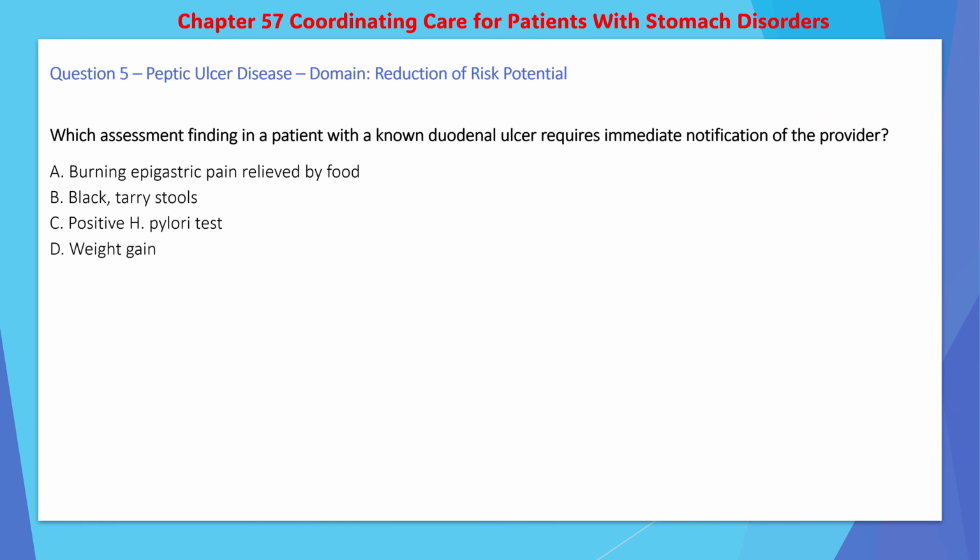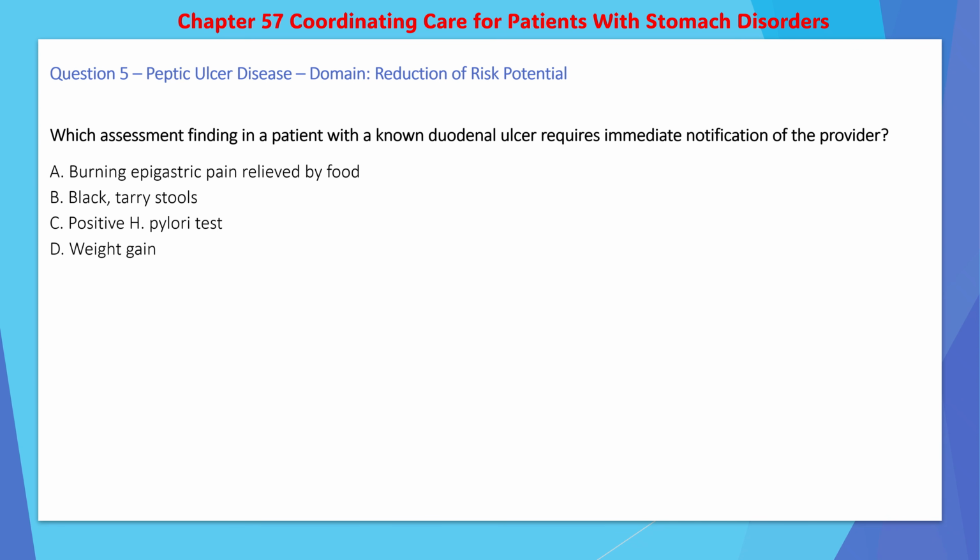Question 5, peptic ulcer disease, domain: reduction of risk potential. Which assessment finding in a patient with a duodenal ulcer requires immediate notification of the provider? Burning epigastric pain relieved by food, black tarry stools, positive H. pylori test, or weight gain.